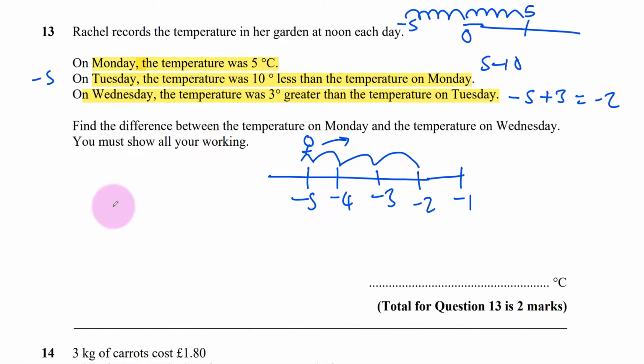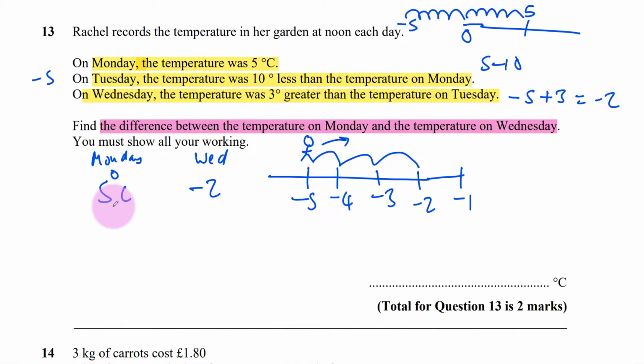Now, do read the question. This bit is important. Find the difference between the temperature on Monday and the temperature on Wednesday. You must show all your working. So on Monday it was 5 degrees, and on Wednesday it was -2.